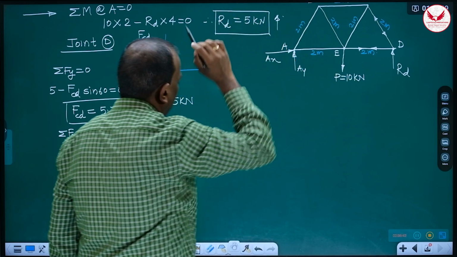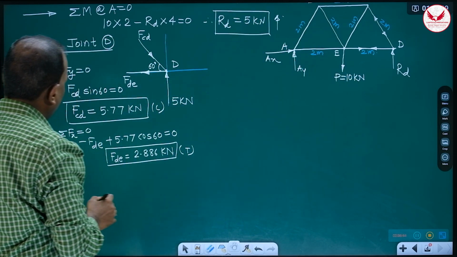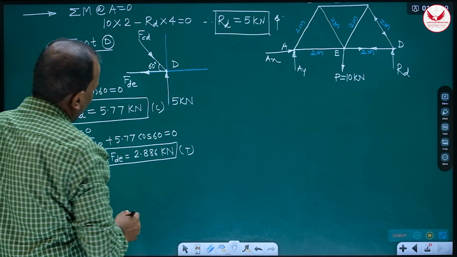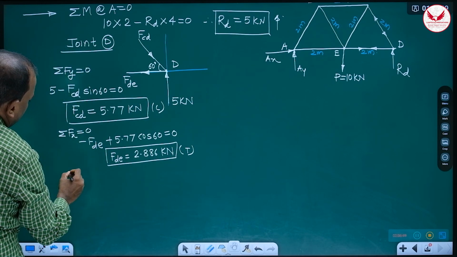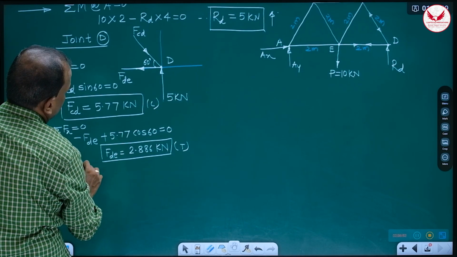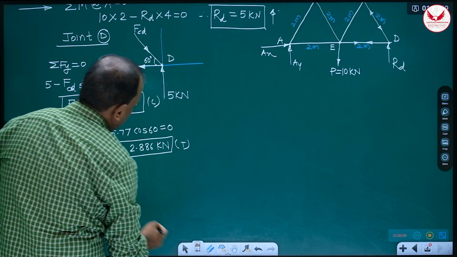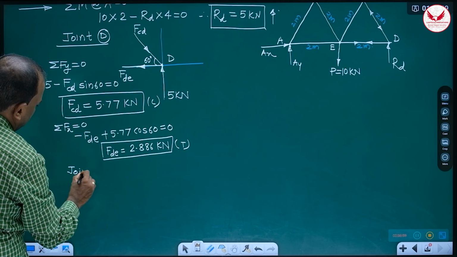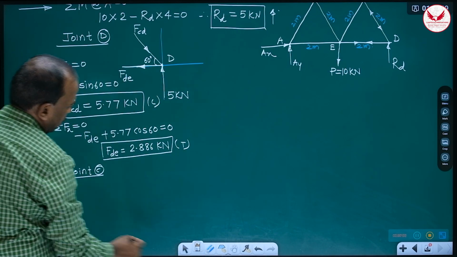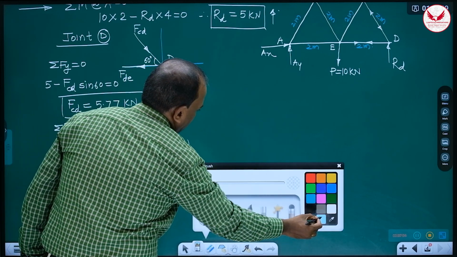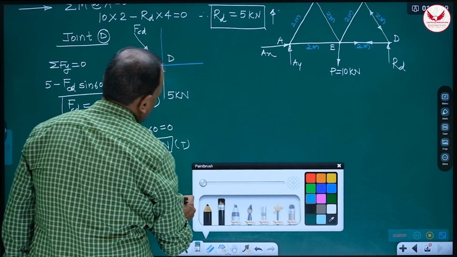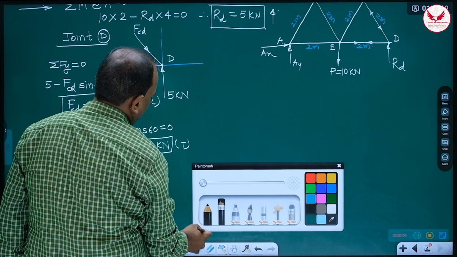Then here also, it is very important how we are drawing the free body diagram. So joint C. Then how will we be drawing the joint C?